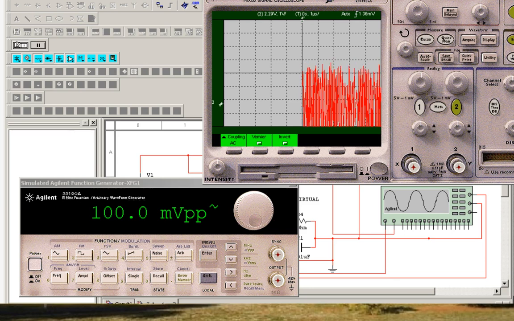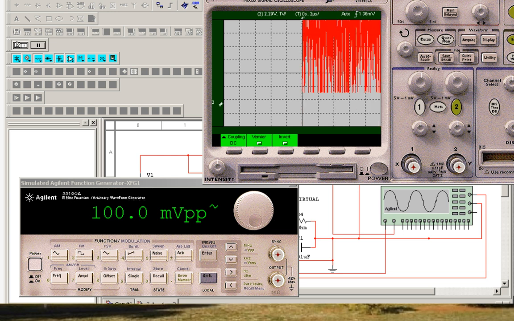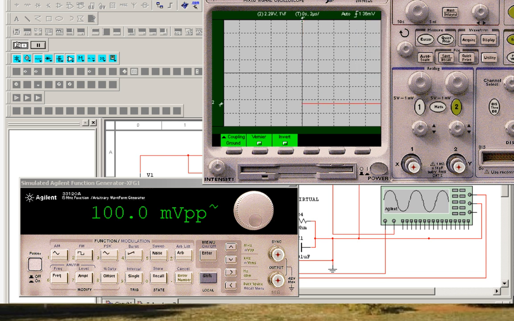I don't know why that level is down there. Oh, I must have changed something.